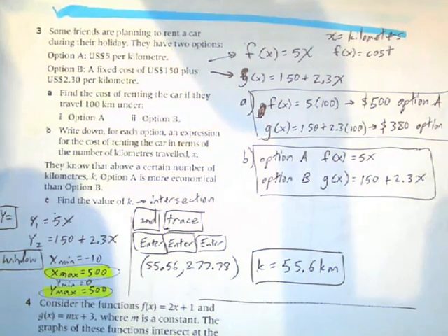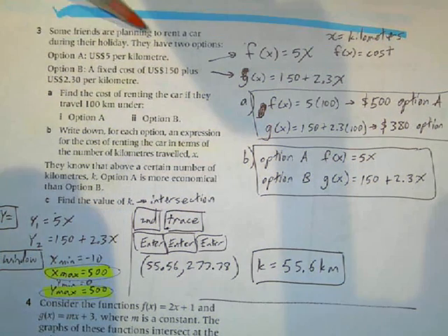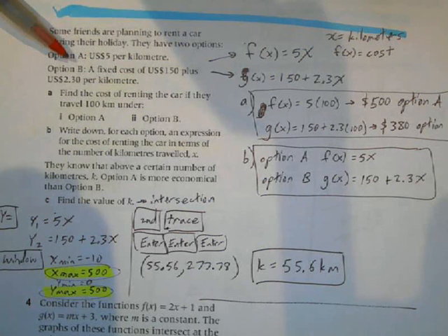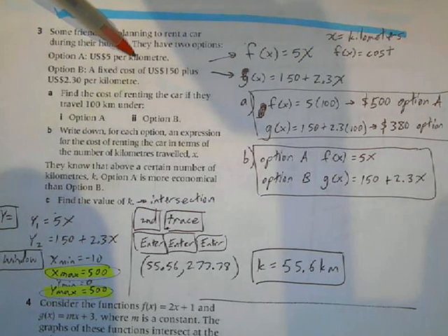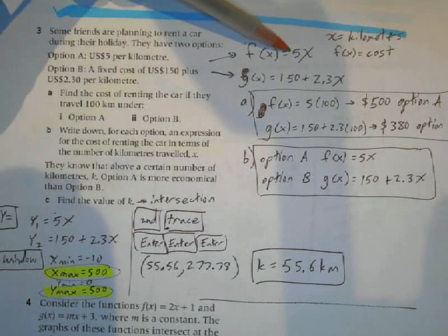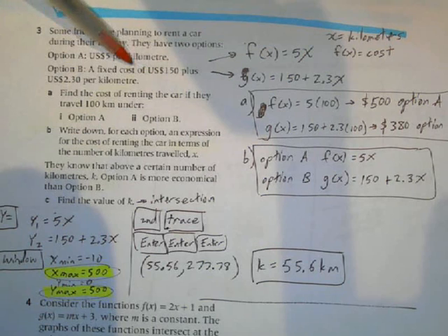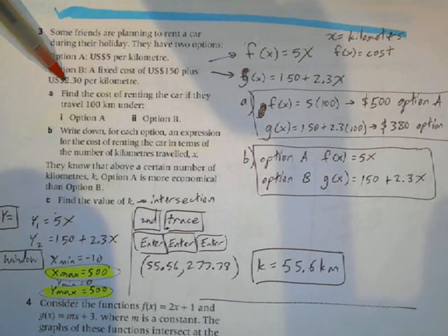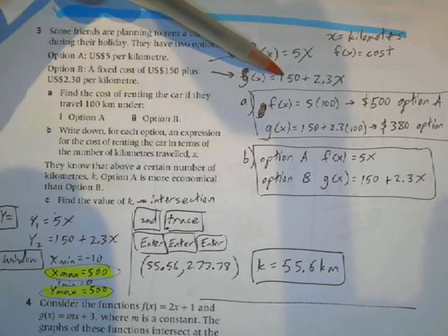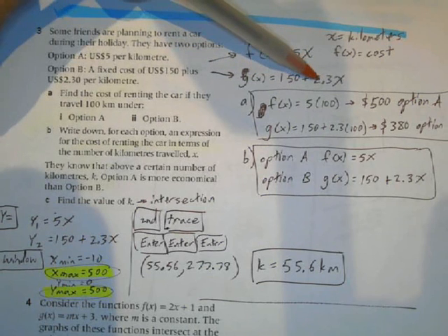Okay, some friends are planning to rent a car during the holiday. They have two options. Option A, it's $5 a kilometer, so that's going to be 5x. Option B, it's a fixed cost of 150 plus 2.30 a kilometer. So here's my fixed cost, and here's my 2.30 a kilometer.